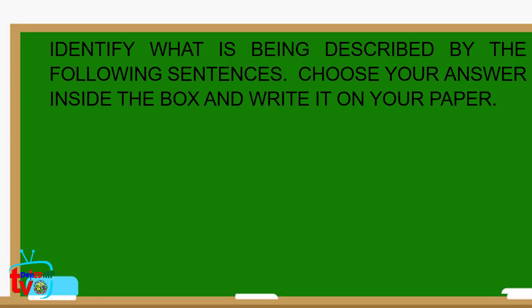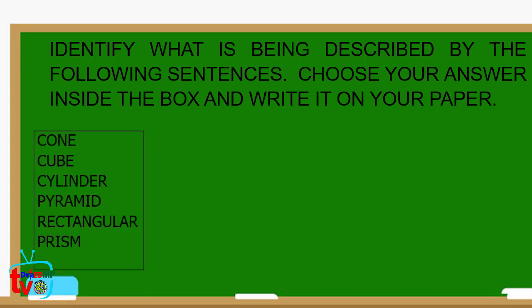Next activity here is identify what is being described by the following sentences. Choose your answer inside the box and write it on your paper. So, your answers will be cone, cube, cylinder, pyramid, or rectangular prism.